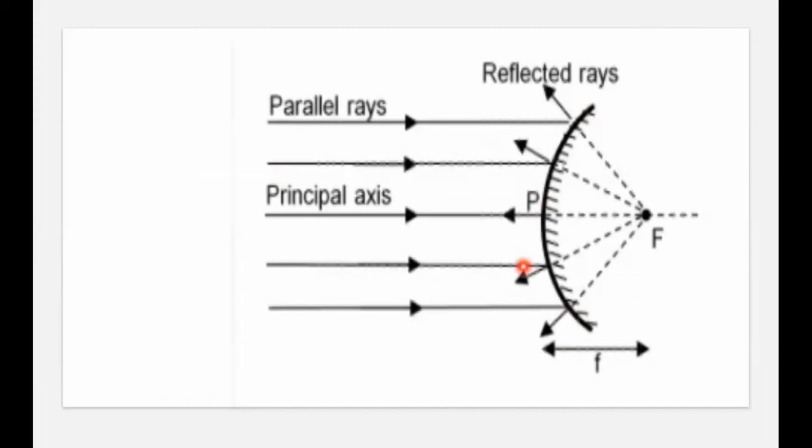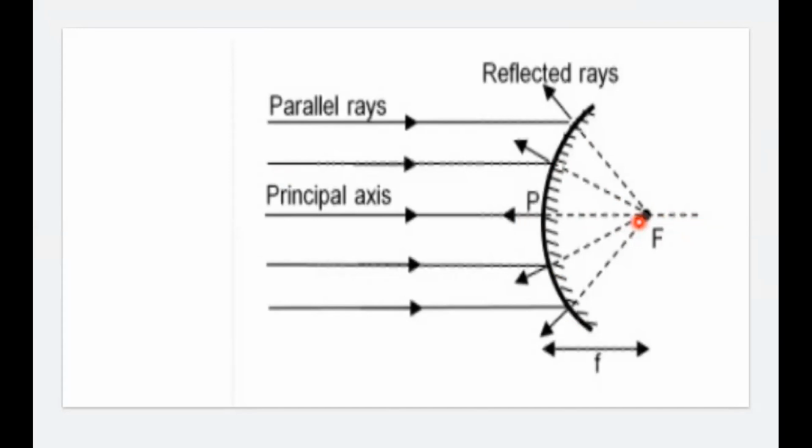If you see the rays being produced backward, these rays of light are converging at one point. These rays of light are coming to one single point, which we call the focus for a convex mirror.